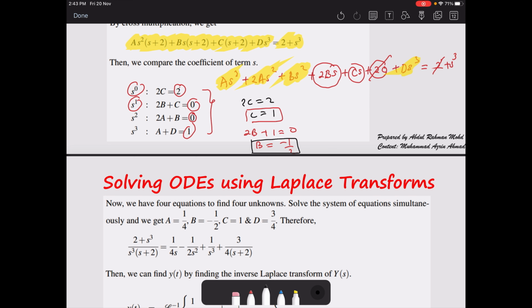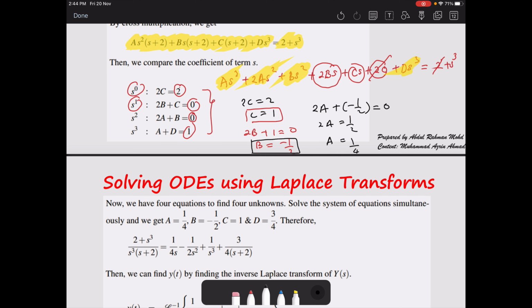Because you have 2A plus B, negative 1 over 2, is equal to 0. Okay, so you will have 2A is equal to 1 over 2. So your A is equal to 1 over 4.